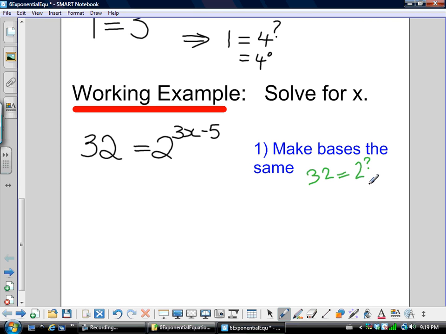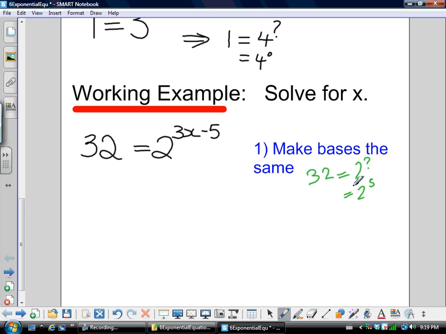Okay? And it always will be that you can change it. So 2 to the power of what equals 32? Well, if I do some calculating, I could take my calculator, I could go 2 to the power 3. That's 8. Too small. 2 to the power of 4. That's 16. 2 to the power of 5 is 32.